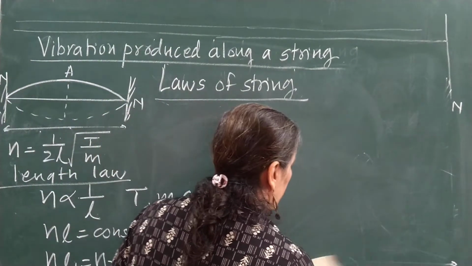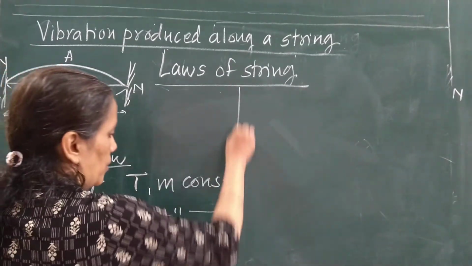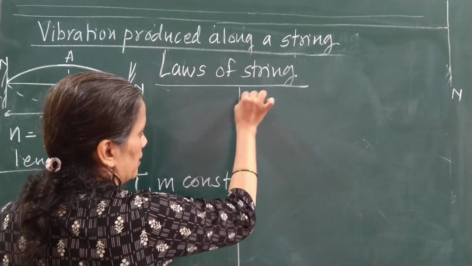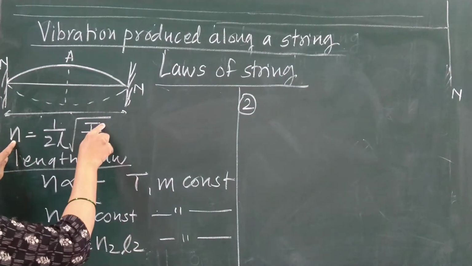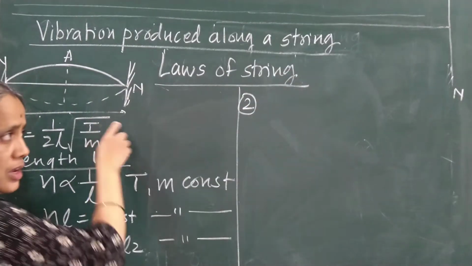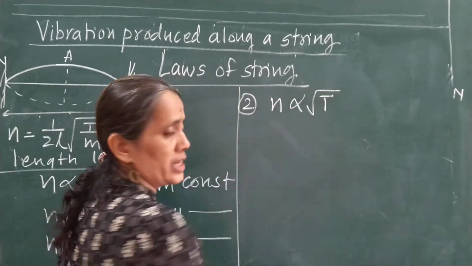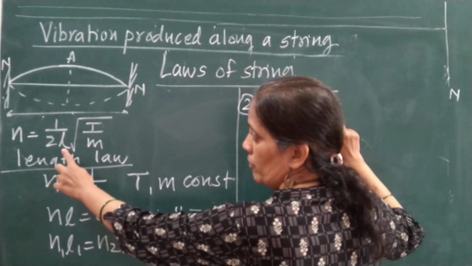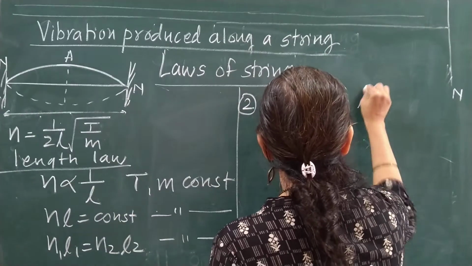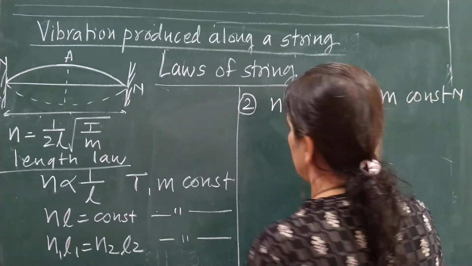Similarly now, I can go for the second law. What is that second law? In the second law, I am going to show the variation of frequency and tension given to the string. So I say that frequency is directly proportional to root T, provided that vibrating length and mass per unit length, which two factors I have not taken, are constant.